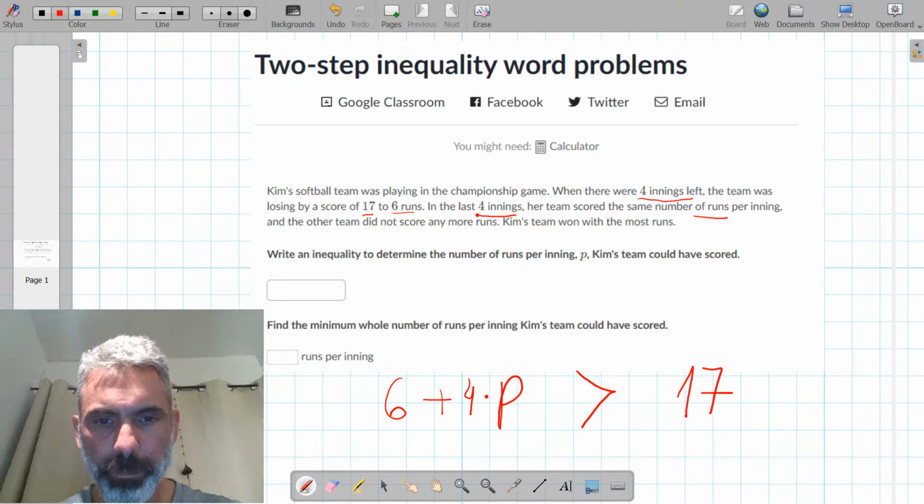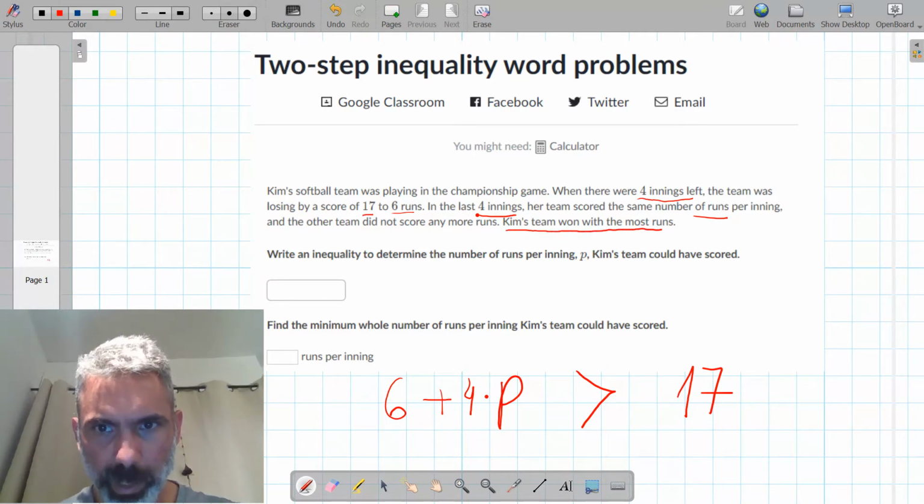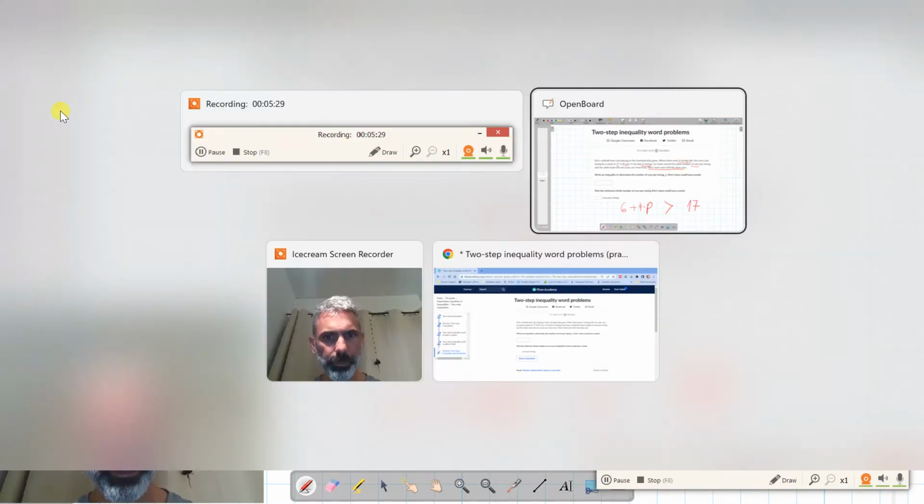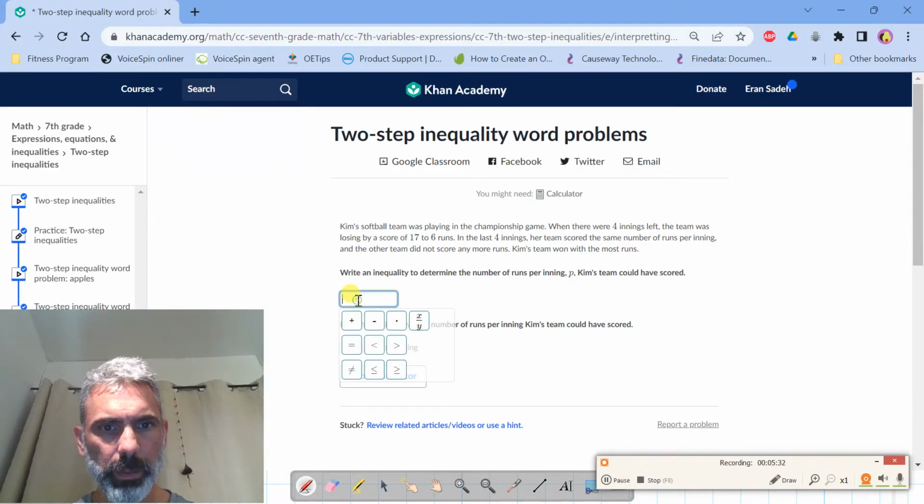Because if Kim's team is to win the game, the initial score of 6 plus all the score they got in the last 4 innings has to be greater than 17. Okay, so this is the inequality: 6 plus 4p has to be greater than 17.